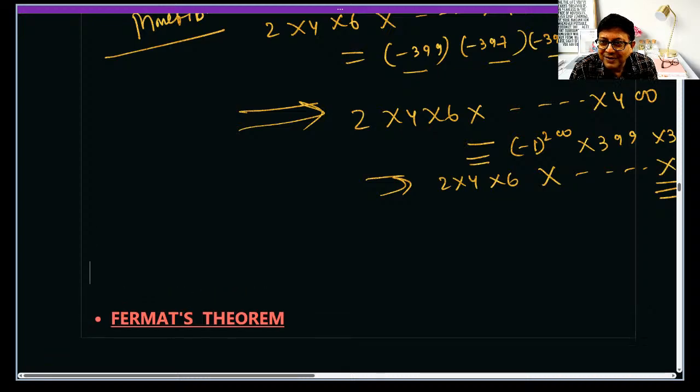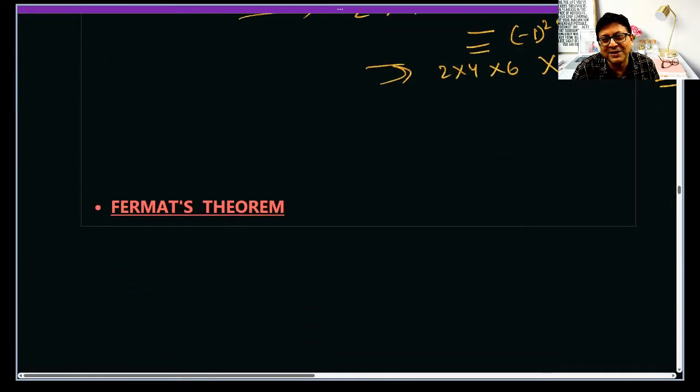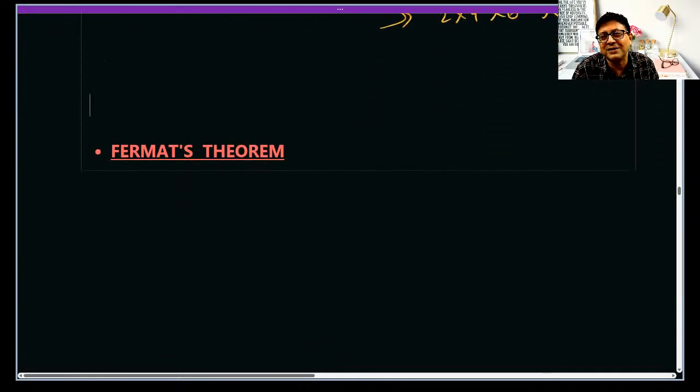Now let us start the most brilliant theorem. All these people are brilliant. They all are so intelligent. Fermat, Euler, Gauss. I cannot keep one of them above the other. Every day I remember their work, believe me.